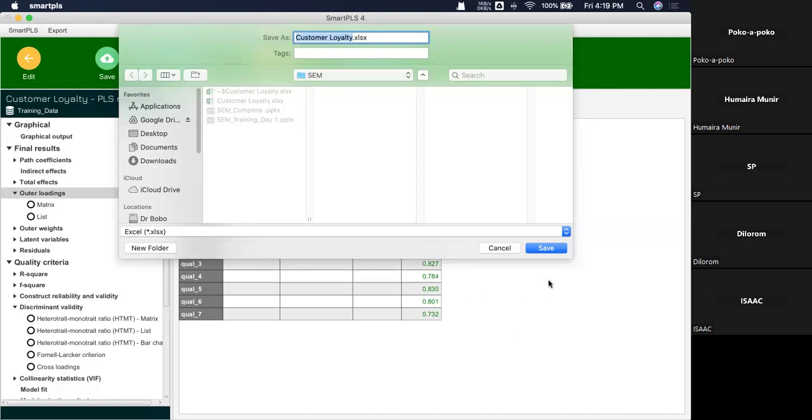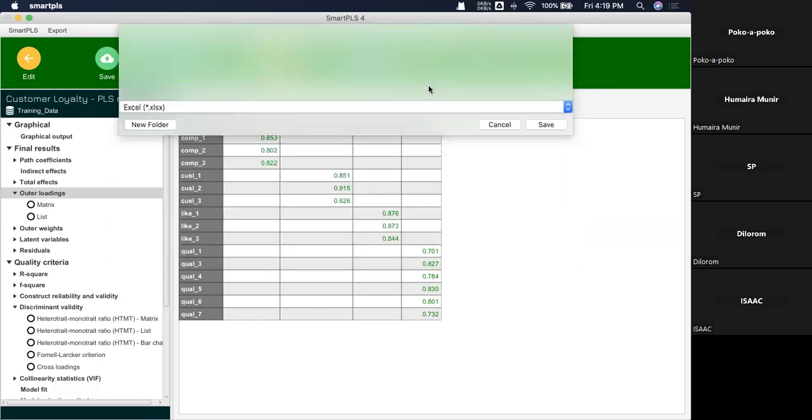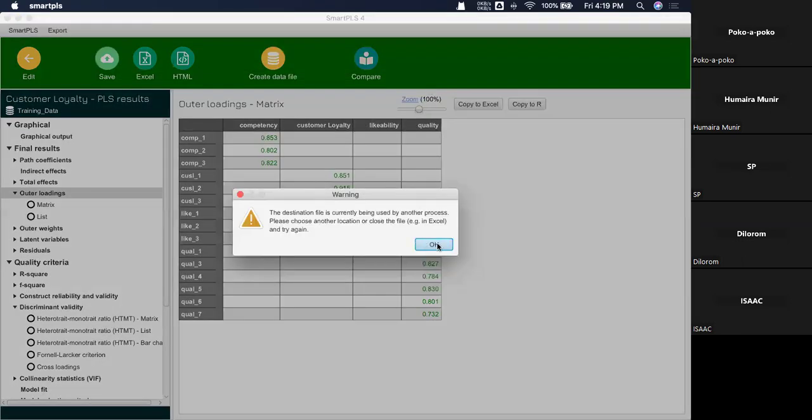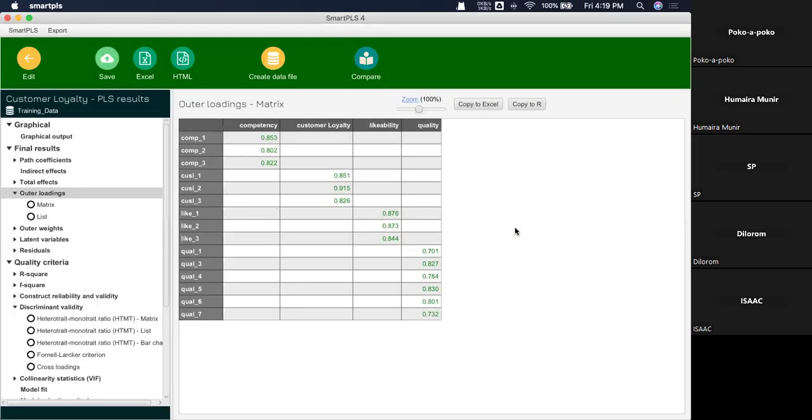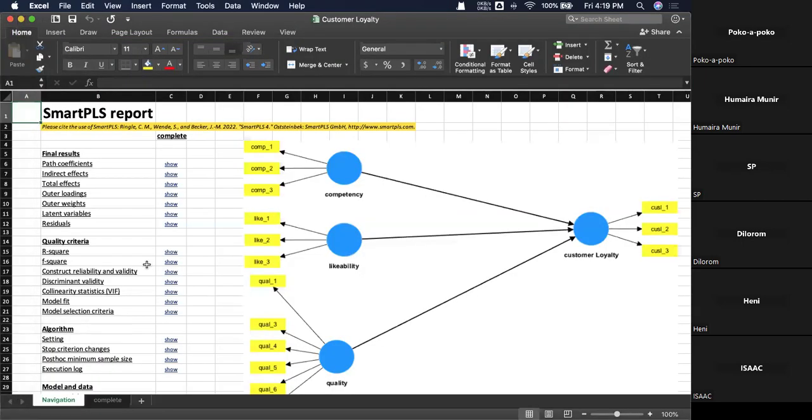If I do that, it's going to tell me to replace because I've saved it already. So if I replace it, you see, it's being used. I've already opened it, so it's not going to save. So once you click on save, it's going to save it with the name of the project you're doing. Have you all saved? Yes. After saving, please go back to where you saved it. If it's not open automatically, go back to where you saved it and open the Excel sheet.